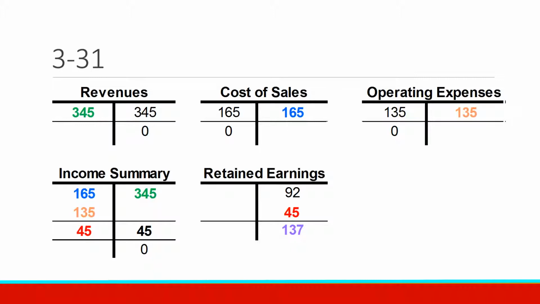Looking at retained earnings, we started with 92. We updated the account with a credit of 45 for net income, and we now have the closing amount in retained earnings, which is 137.